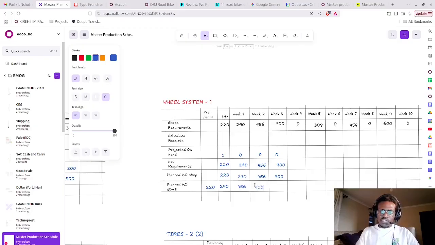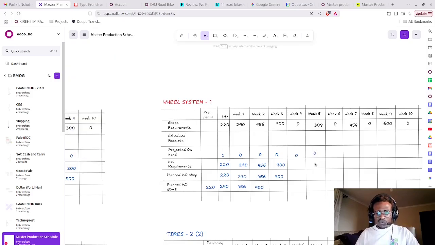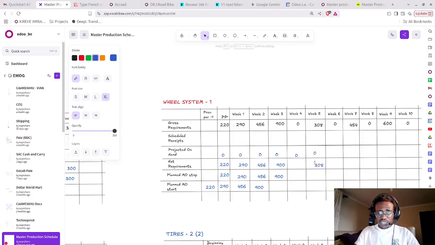So the manufacturing order should be starting 1 week before. And then here it's 0, here it's 616, so I should not be doing a multiplication, so this should be 0. I have a gross requirement of 308, and I should be having an MO of 308 ending on that week, should be starting 1 week before.